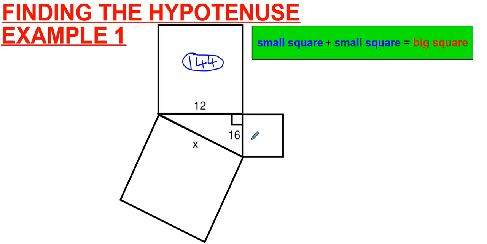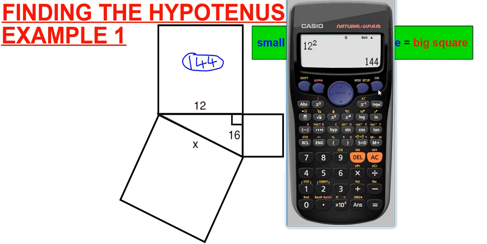Anyway, this smaller side as well is 16 long, so the area of this square would be 16 multiplied by 16, which is 16 squared. Use your calculator, and you'd have 256.